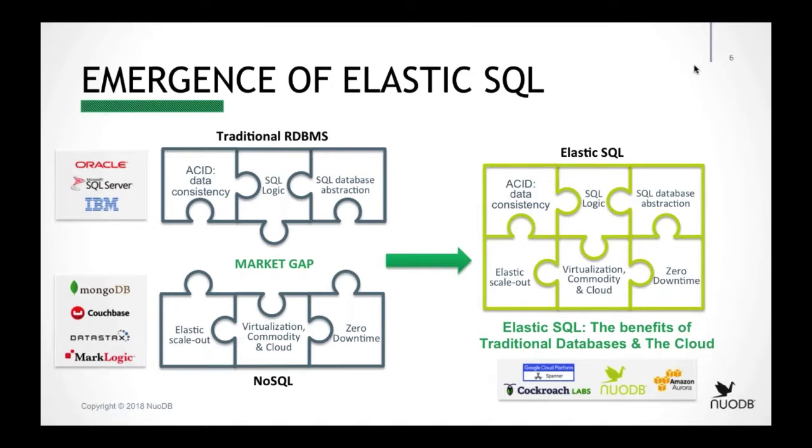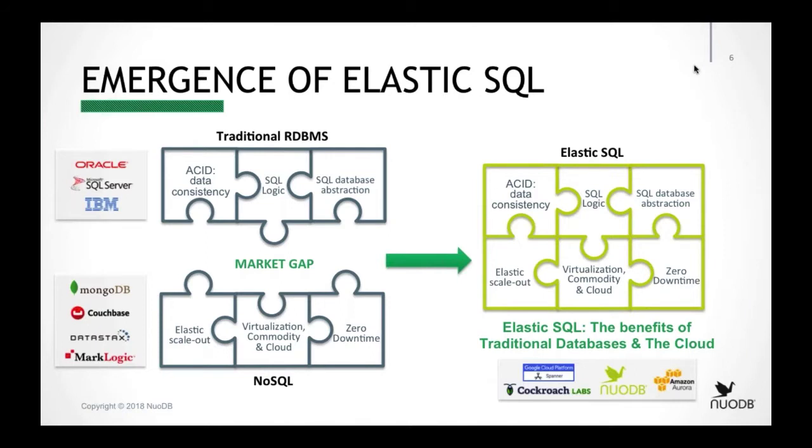You either have to continue with your existing SQL database and try to accommodate the new architectures, or rewrite your application to work with the semantics of a NoSQL system. So this market gap is what we think is the emergence of an elastic SQL capability. These are the capabilities that combine both the capabilities of a traditional database as well as a NoSQL database, and we refer to that as the elastic SQL market.